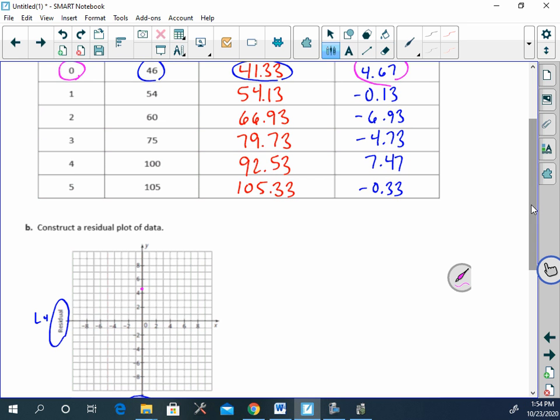Okay, then we move to the next one, and it's at 1, so 1 is my x here, and then it's down 0.13, so it's at negative 0.13, so just below the axis. So I've got this one done, I've got this one done, then we got 2 with negative 6.93, so almost negative 7.